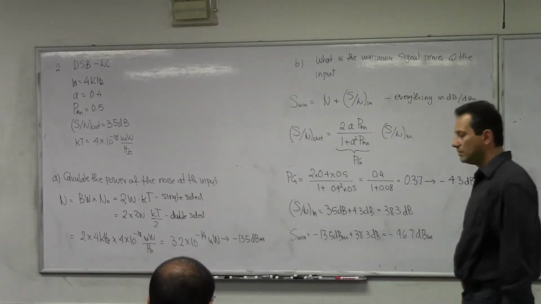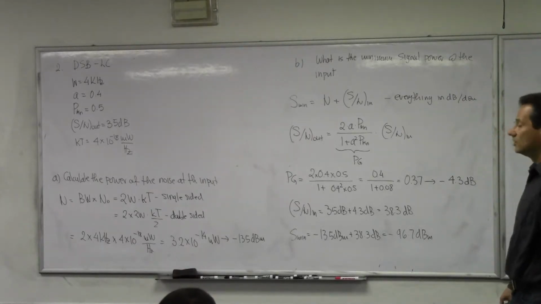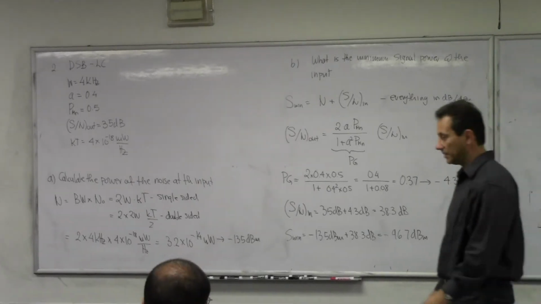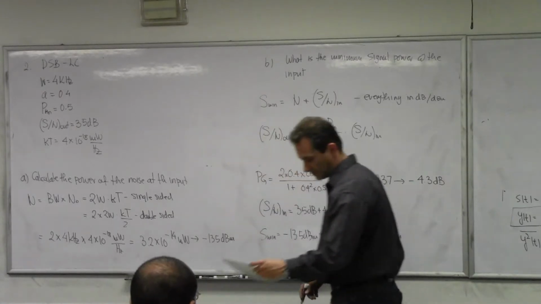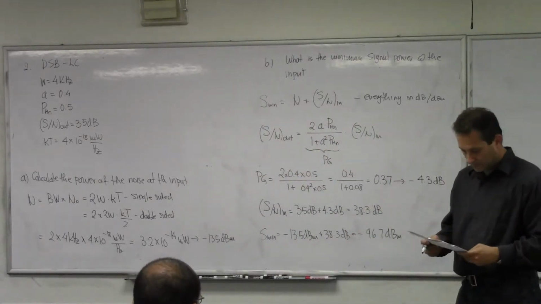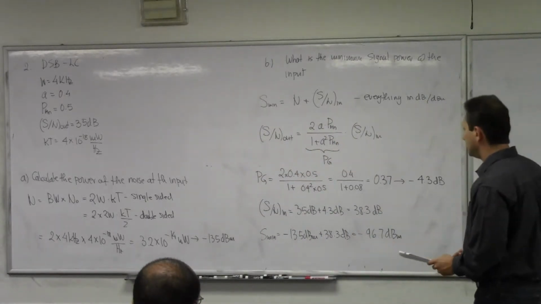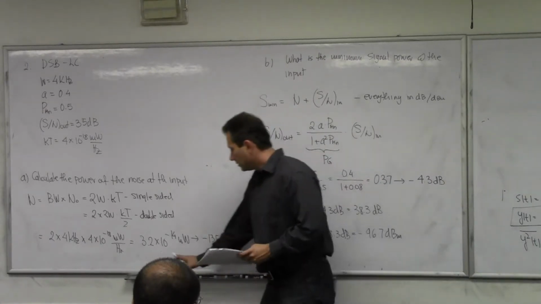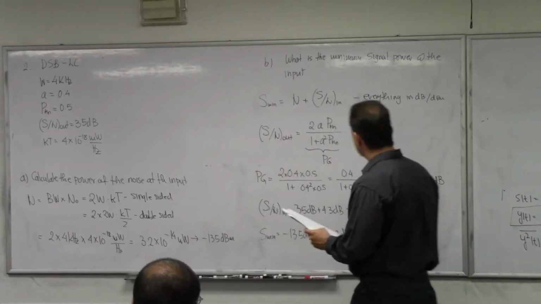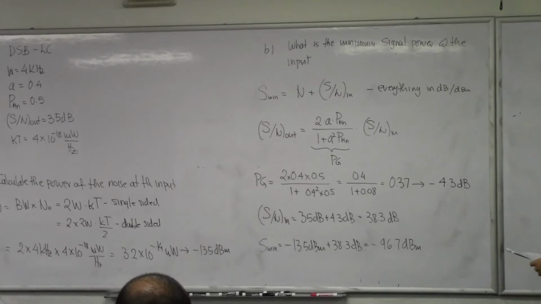So that's the minimum power that you need to deliver to this receiver to operate. And then the last question is, if the path loss between transmitter and receiver is 100 dB, what should be the transmit power?